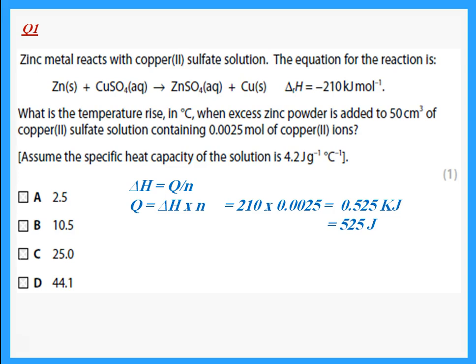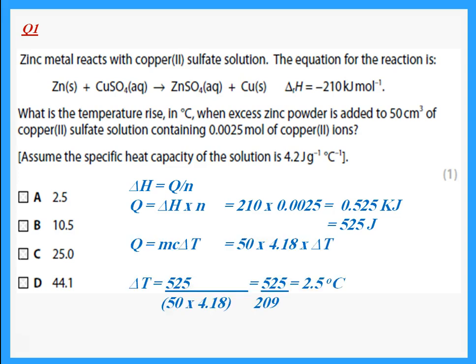So now I have Q, then I can get delta T because I know that Q is MC delta T. What is M? Again, I'm going to remind you that M is the mass of the solution, and we said because density of water is 1, the mass of a solution is the same as its volume. So if he says I have 50 centimeter cubed of copper sulfate, that is the mass.